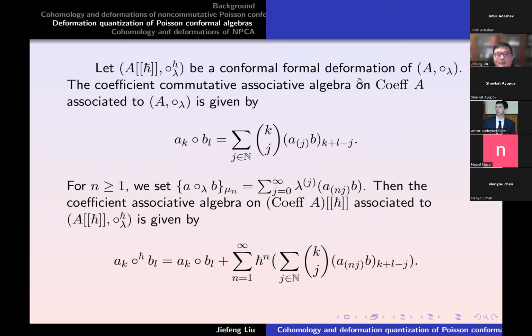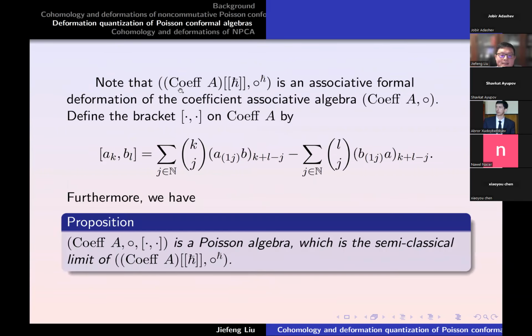Let this be a conformal deformation of A. The coefficient commutative associative algebra on this space is given by this formula. Furthermore, the coefficient associative algebra on this space is given by this formula. It's not hard to see that this is an associative formal deformation of the coefficient associative algebra.